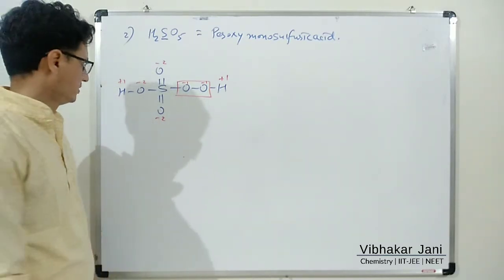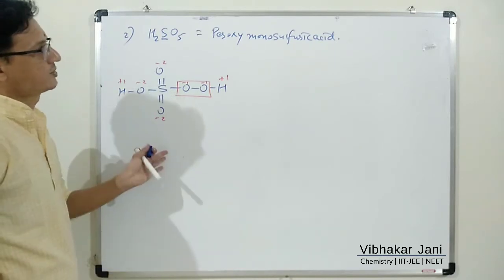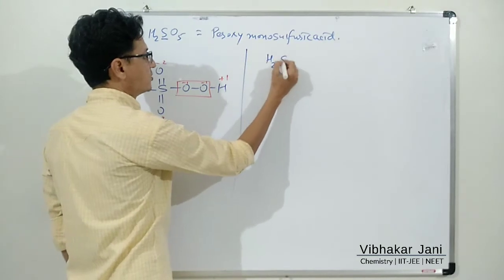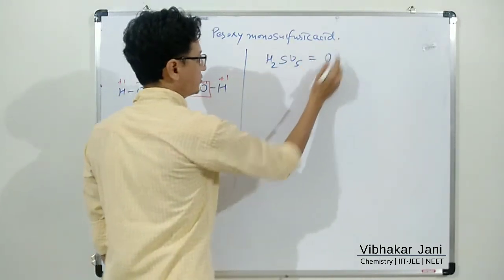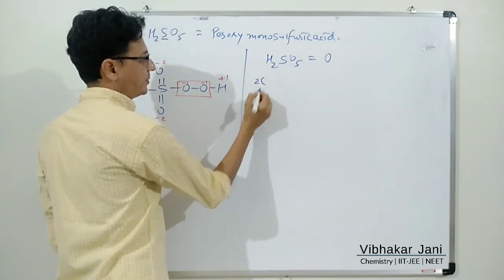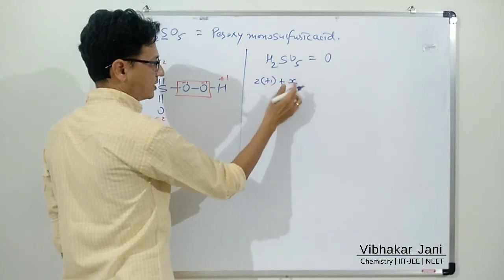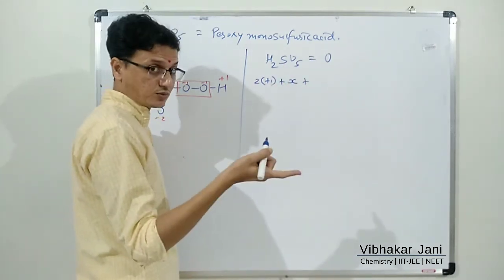Okay, now let us count the oxidation state of sulfur in peroxy monosulfuric acid. So it will go like this: H2SO5 is equal to 0. So 2 multiplied by +1 for hydrogen plus X for sulfur plus. Now we will not write 5 multiplied by -2. Why?